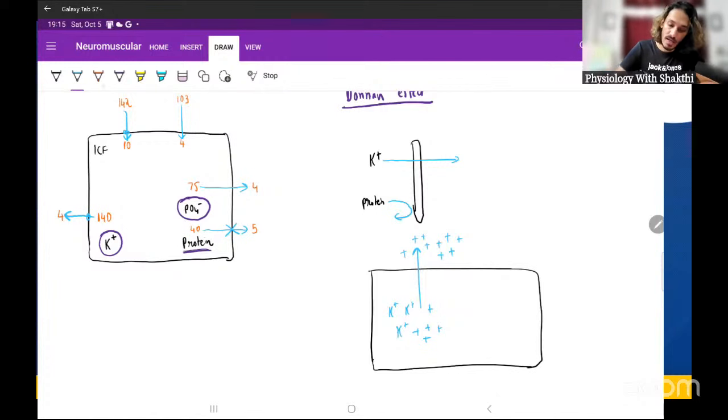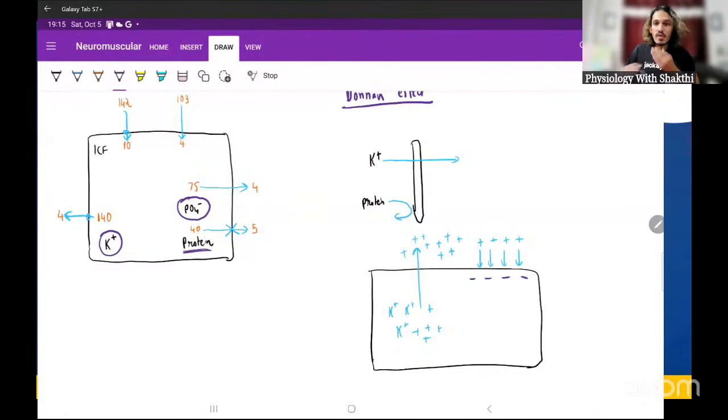Okay. Now, along with that, a negatively charged ion has to go out. The protein which is there, which is negatively charged, will try to go out, but it cannot because it is too large. So now what will happen? All these positively charged ions that are accumulating at some point will create a potential with the negatively charged protein.